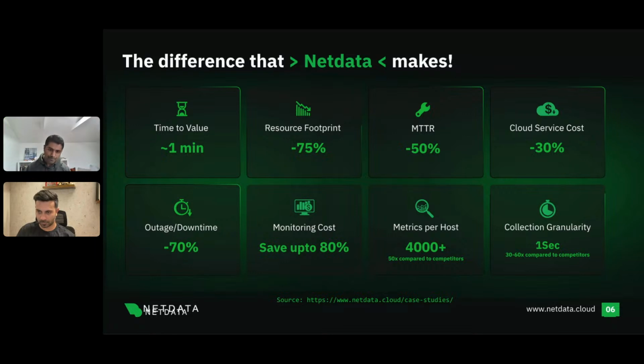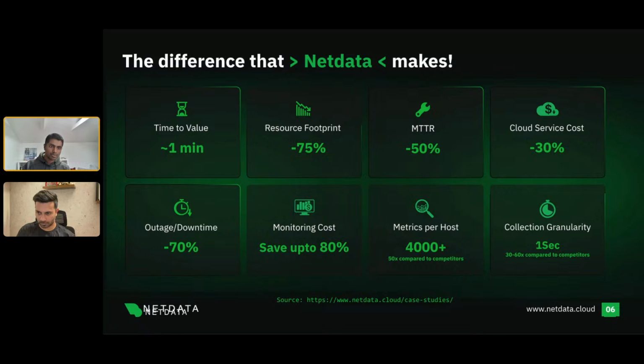So some of these customers who are hosting their services on AWS, on Google Cloud, and other cloud providers, found that the visibility Netdata provided helped them make capacity planning decisions, realizing that maybe we don't need all of these servers running all of the time, and we could optimize the workloads further.